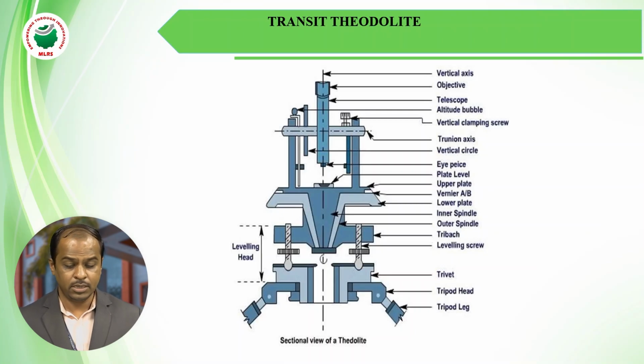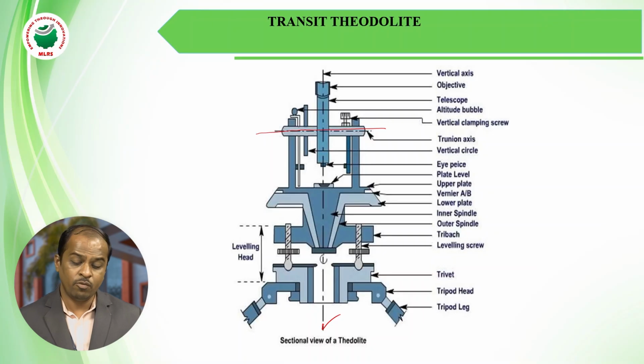For the details, you can see here the transit theodolite, the parts of the transit theodolite. First of all, this is the cross section diagram of the theodolite. The central line is the vertical axis, and this is the horizontal axis or trunnion axis on which the telescope will revolve in a vertical plane.